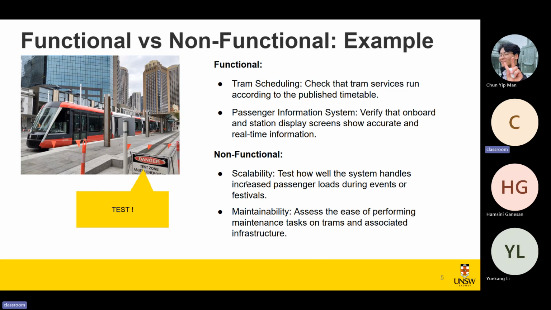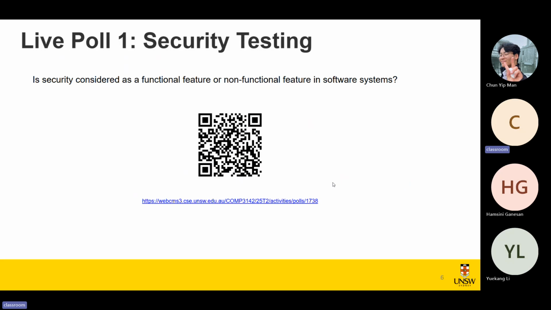So for non-functional attributes, different systems could have similar properties. This is an example of functional versus non-functional for system testing.